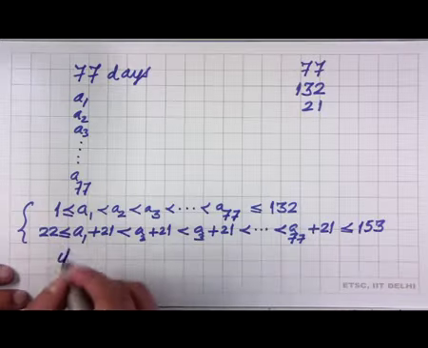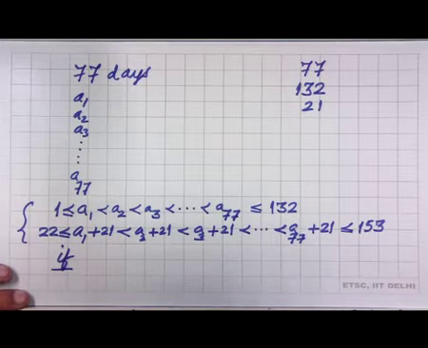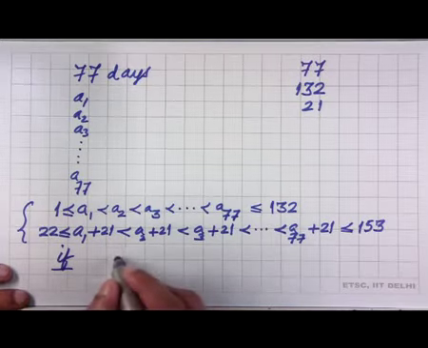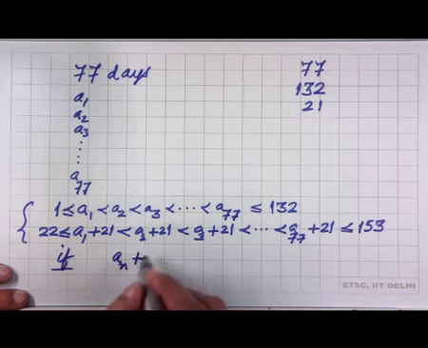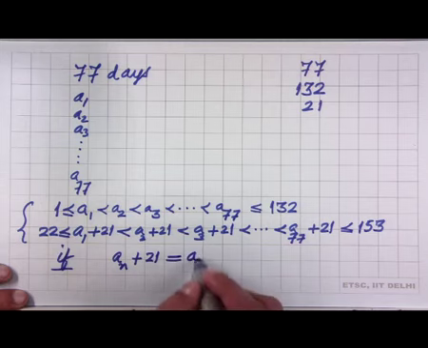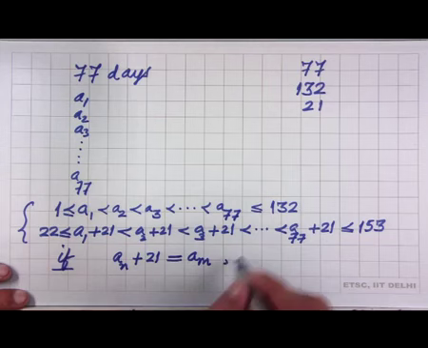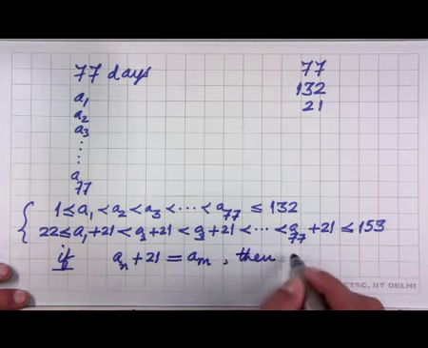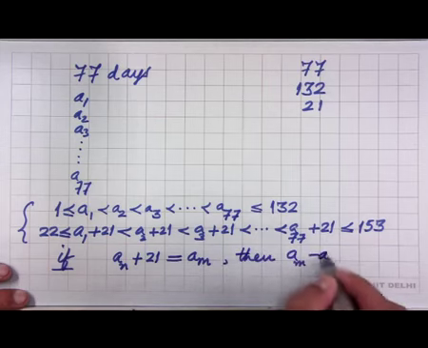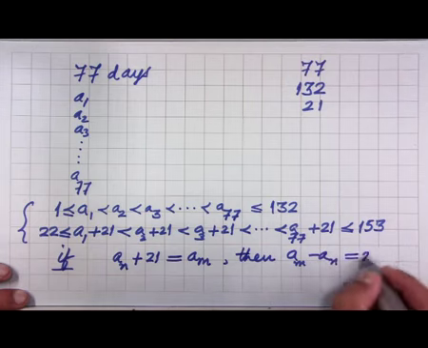If that was the case, and there's a big if, this is where the pigeonhole principle comes in, if I could get one of these An plus 21s, from the second sequence, to equal one of the terms from the first sequence, then I would get Am minus An to be equal to 21.